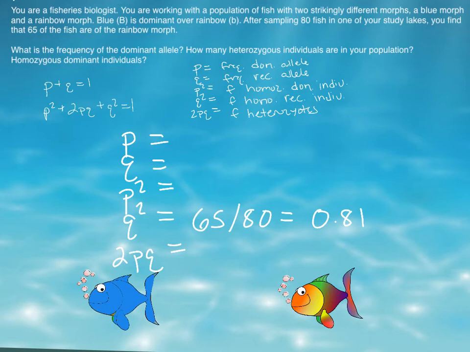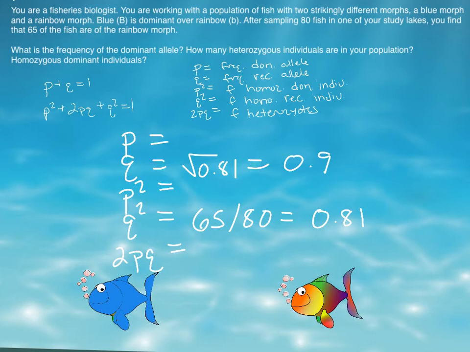So given q squared, what we can do is solve for q. We can do that simply by taking the square root of 0.81. Pull out your handy dandy calculator and do that, and you should get a q of 0.9.